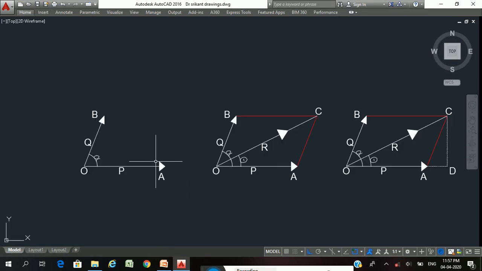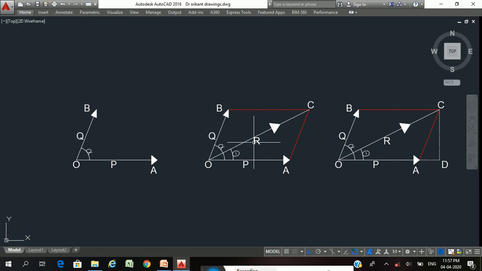So these are the figures required to derive the parallelogram equations. By using the law of parallelogram, we are finding the magnitude and the direction of the resultant.